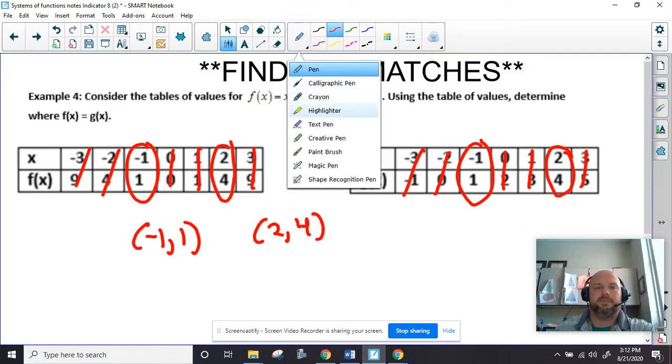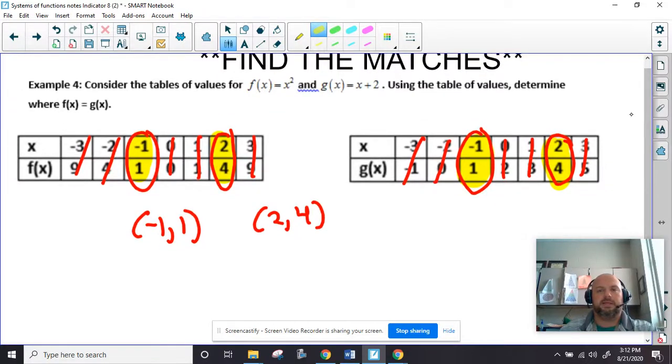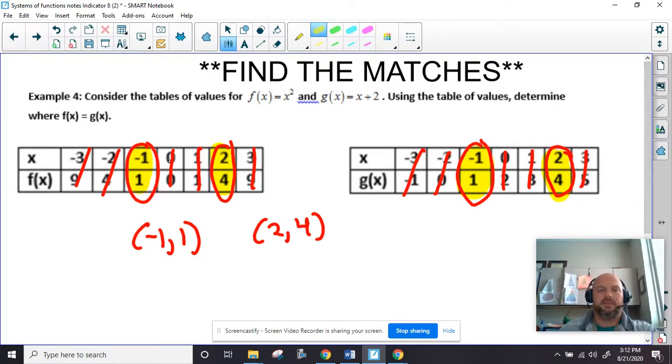I'm trying to drive home the point because this is normally something students have a hard time seeing in class, and we're not in class for you to ask questions quickly. They have to be the same in each chart. That's what I mean by finding the matches. Not that the X and the Y are the same, but that they match in both charts.